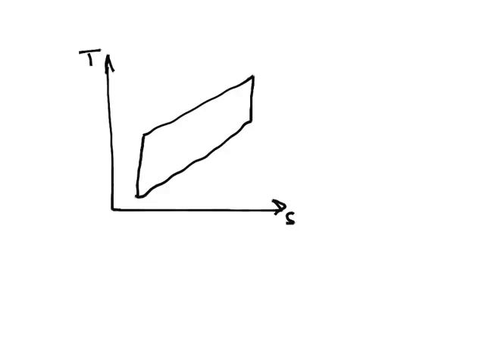Okay, so let's mark our states 1, 2. So as we expect, s is constant between 1 and 2 because that's an isentropic process. Then we go 2 to 3. This is our isobaric heat addition. And then we go 3 to 4, isentropic. 4 to 1, isochoric. So let's label those again.